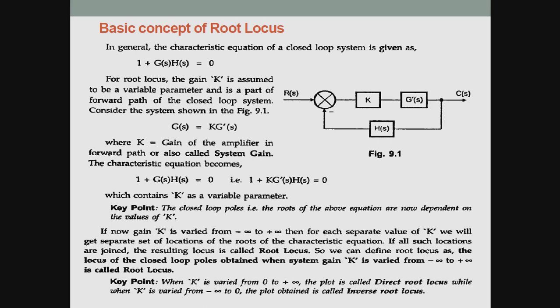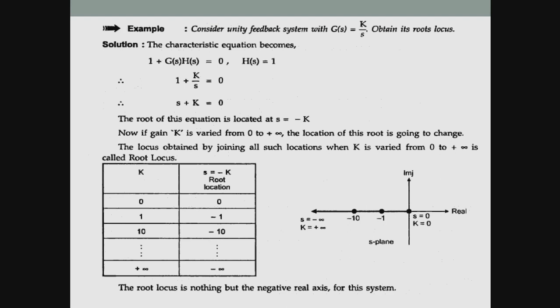This is what one has to understand while studying the root locus. Generally the root locus varies from minus infinity to plus infinity, but here we study only from 0 to plus infinity.